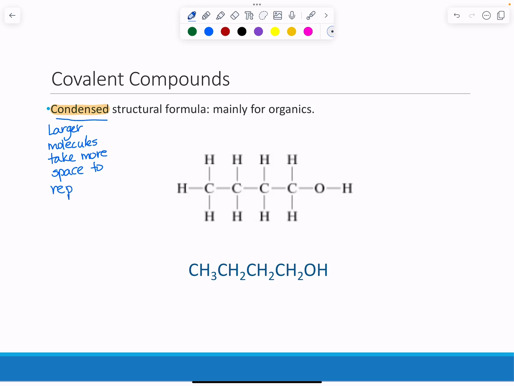So we come up with shorthands or further ways of representing them succinctly. So we use what's called shorthand. So it's an easier, a briefer way of designating the molecule, okay, of describing the molecule.